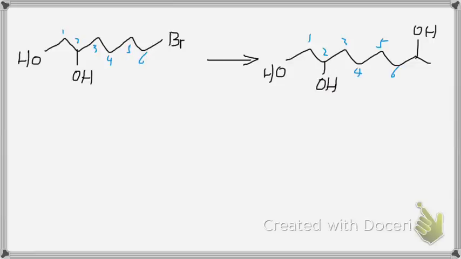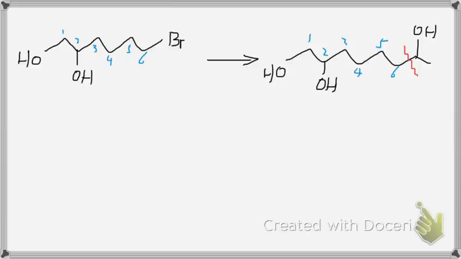We need to make a new carbon-carbon bond. And this carbon-carbon bond is made right next to an OH group, right? So we are making a carbon-carbon bond and an alcohol at the same time. Our starting material is an alkyl halide. So that reminds me of the Grignard reaction. Grignard makes alcohols from alkyl halides, right?